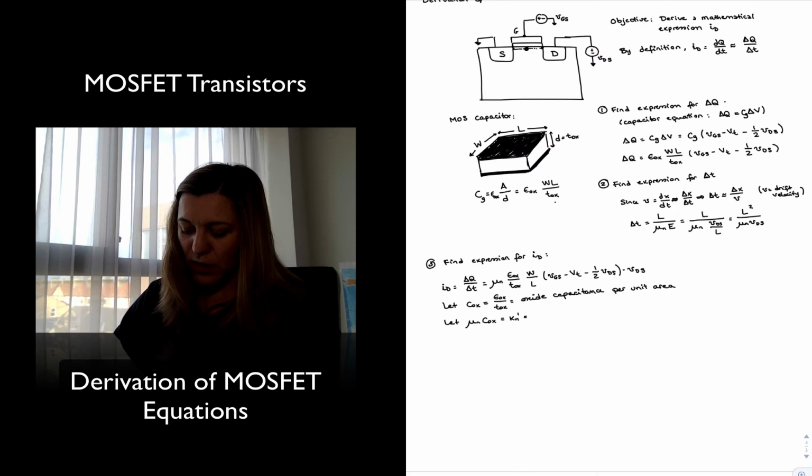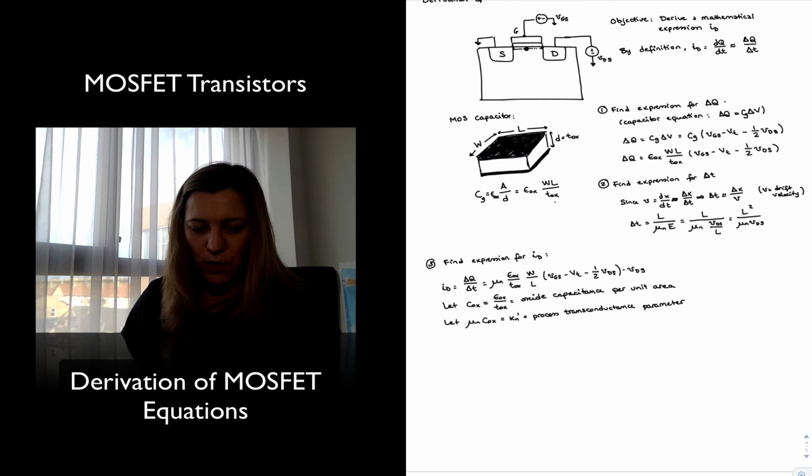And because it has units of current over voltage, a transconductance unit, we refer to it as the process transconductance parameter. We refer to width over length as the aspect ratio of the device.